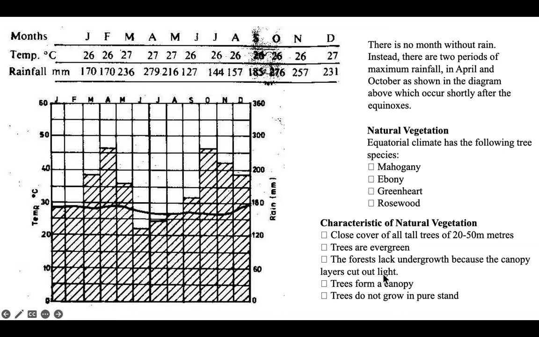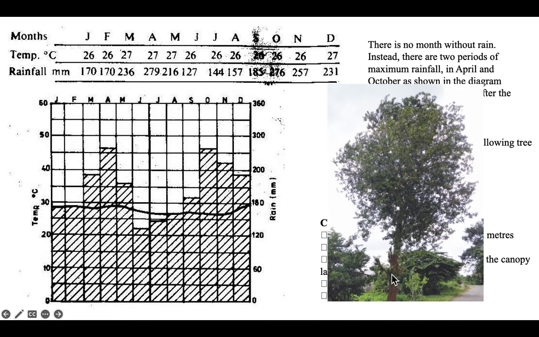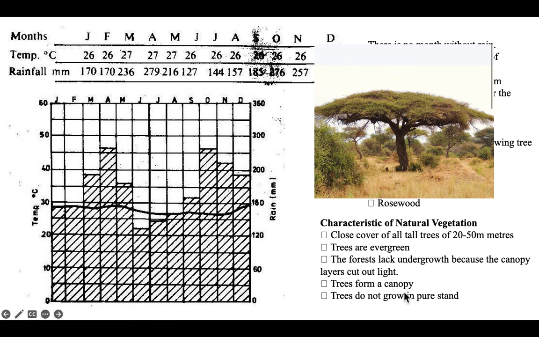If we look at these particular plants, they are less, basically undergrowth, because of the canopy. Also, trees form canopies, and trees do not grow in pure stand.